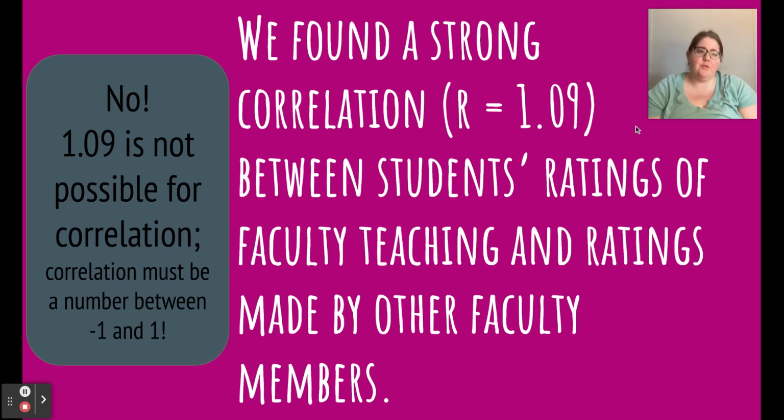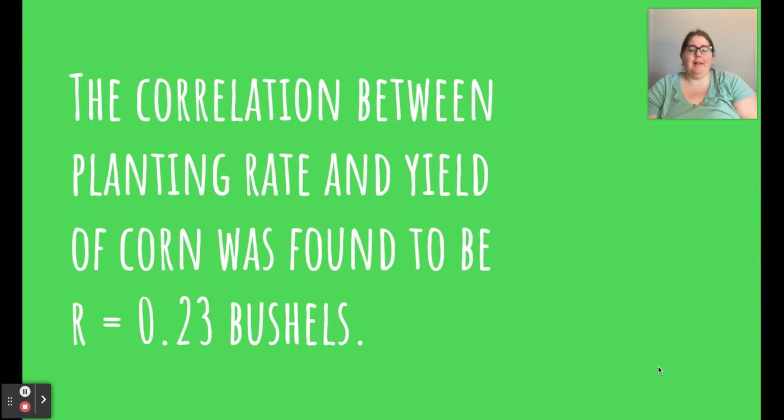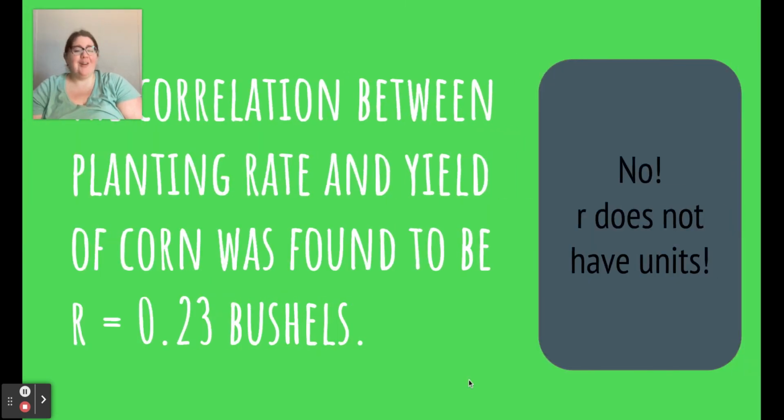Somebody did their calculations wrong. So this is incorrect. Third sentence: the correlation between planting rate and yield of corn was found to be R equals 0.23 bushels. Also not correct because R is not something that has a unit. Even though that could be the value of the relationship between those two variables, it should not have a unit with it. It would just be R equals 0.23.